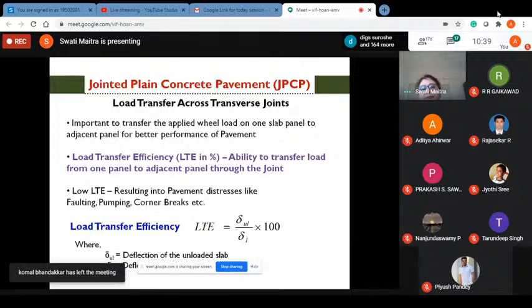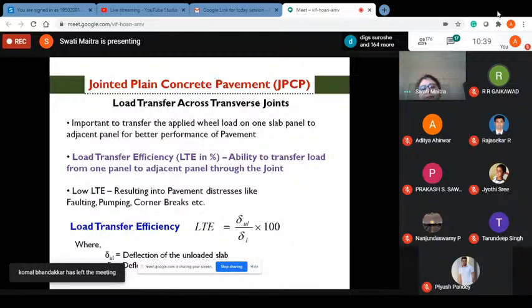That means the 5-degree temperature differential effect is to be added when we consider the curling stress due to negative temperature gradient. But for the positive temperature gradient curling stress, we are not deducting this zero stress temperature effect.